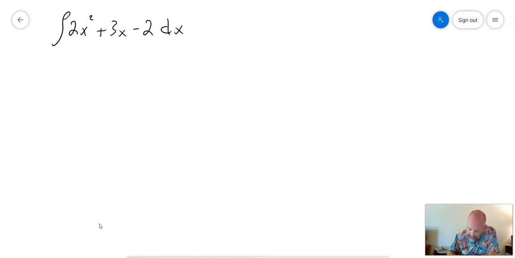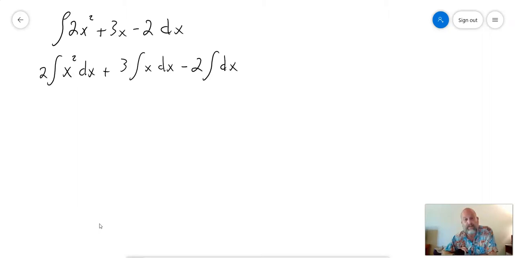So I can rewrite this as 2 times the integral of x squared dx plus 3 times the integral of x dx minus 2 times the integral dx.